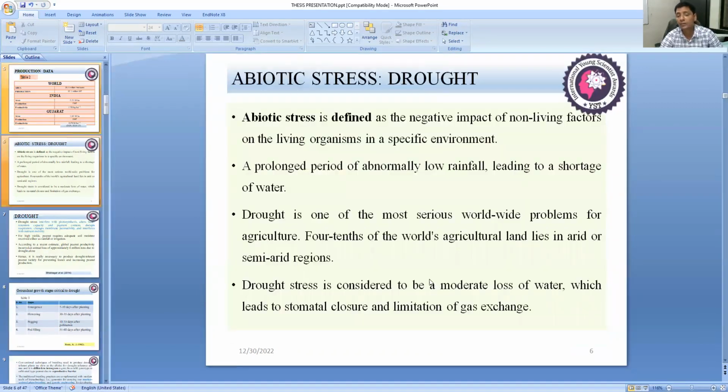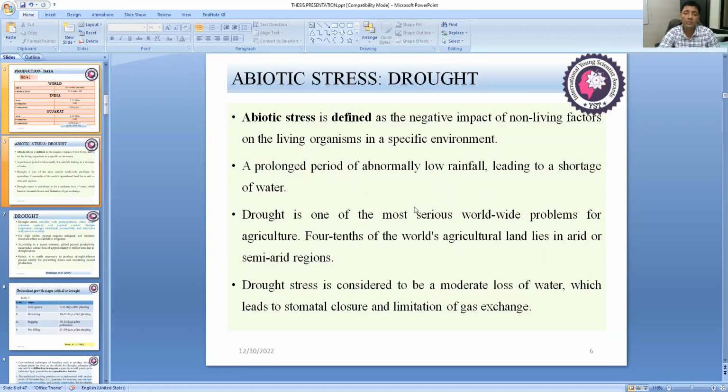Now, before proceeding with abiotic stress, first of all, we should know that abiotic stress is defined as the negative impact of non-living factors on living organisms in a specific environment. Prolonged periods of abnormally low rainfall lead to a shortage of water.